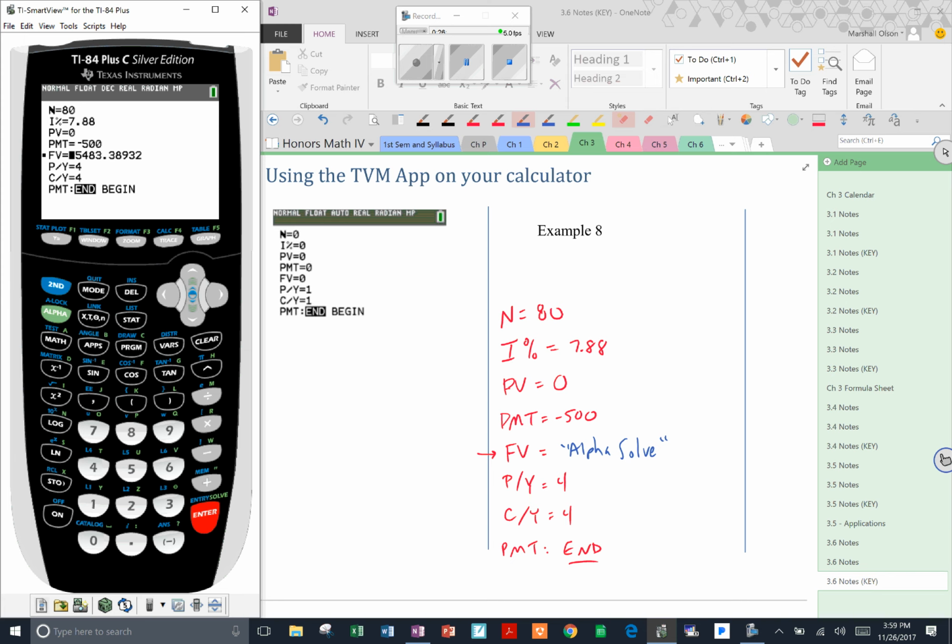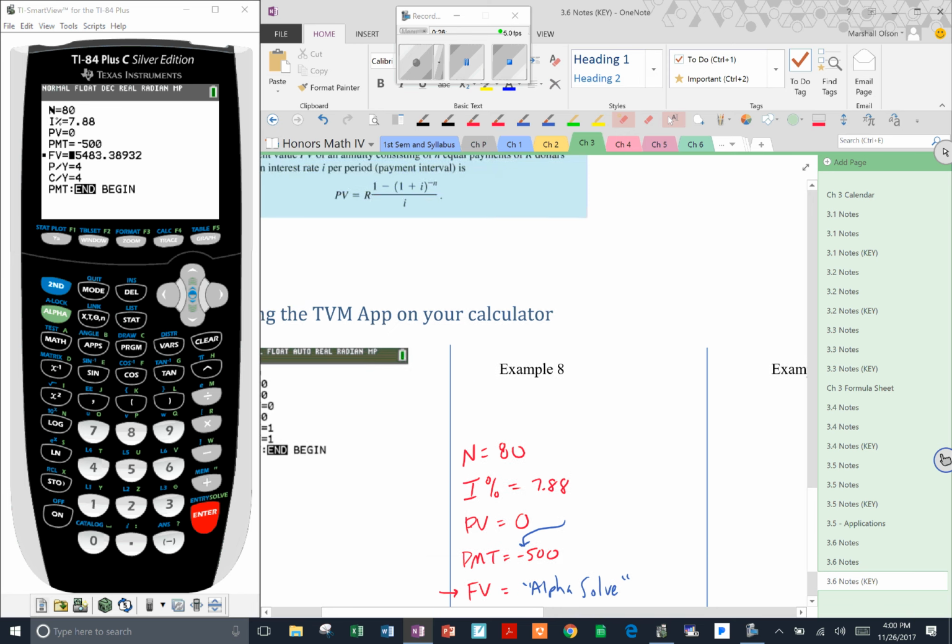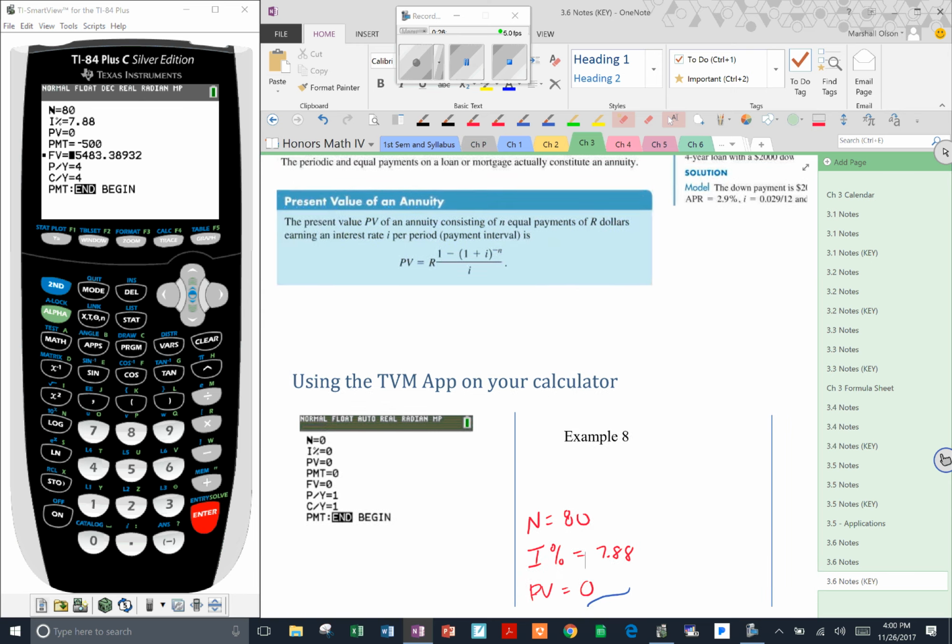Okay, so a couple of important things. Make this a negative, all right? And then leave this blank or leave it as a 0 and go back and hit alpha solve over it, and then leave this as a interest percentage, okay, not 0.0788, not as a decimal rate. All right, let's take a look at the next one here, the present value.